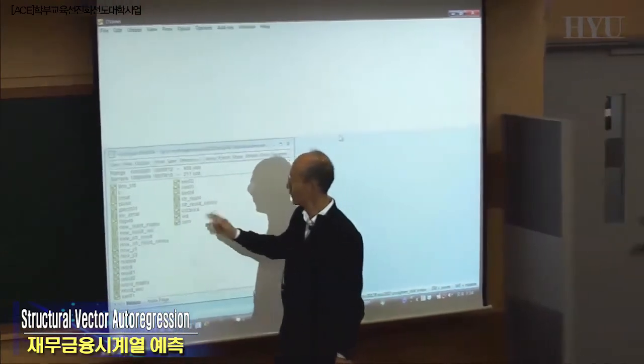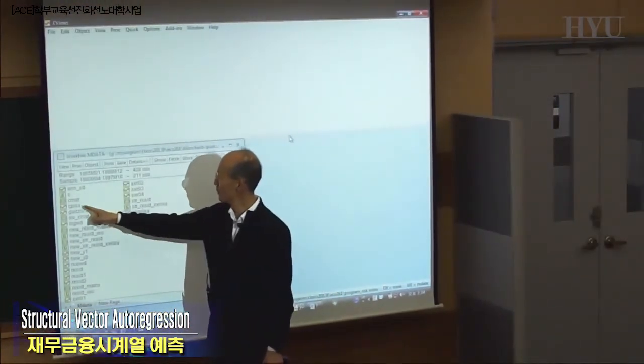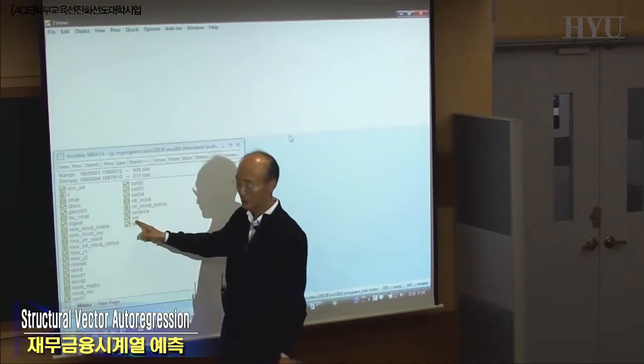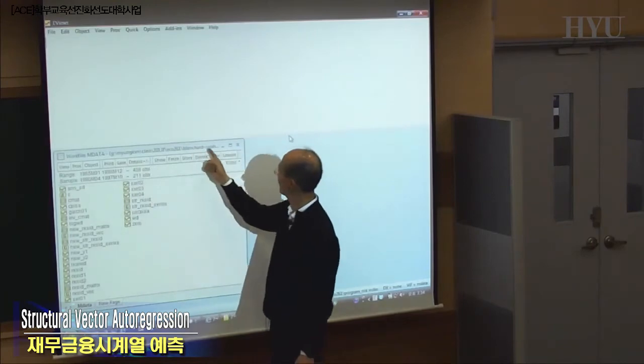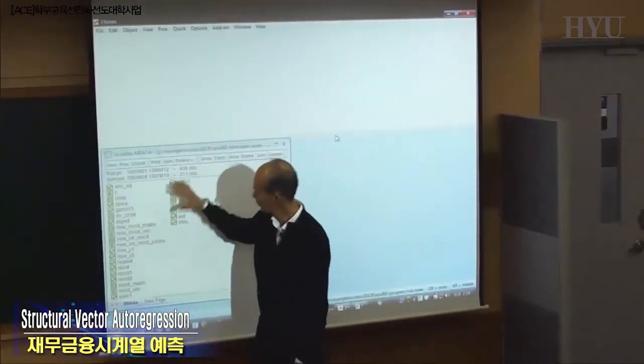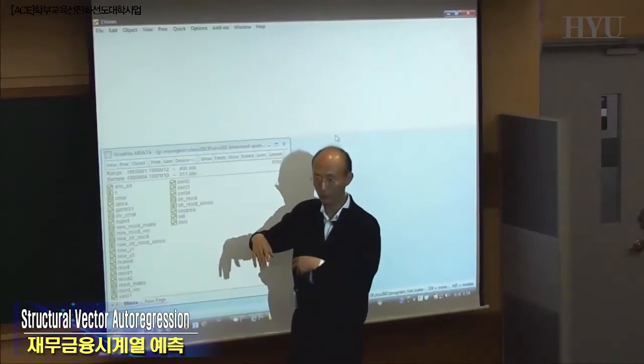So you start basically from two CPI figures and the dollar exchange rate in this workfile. Then the rest of them are created by sample code. Okay?